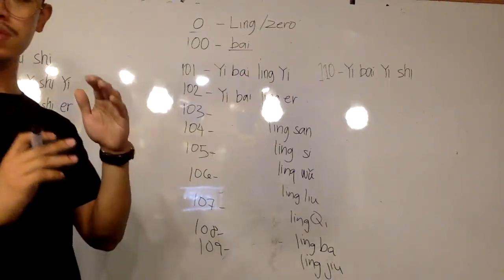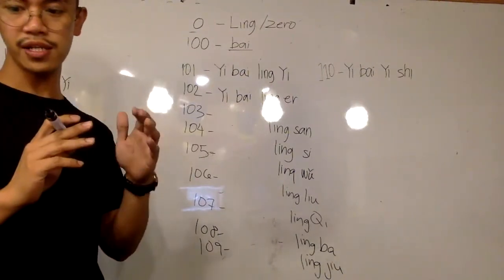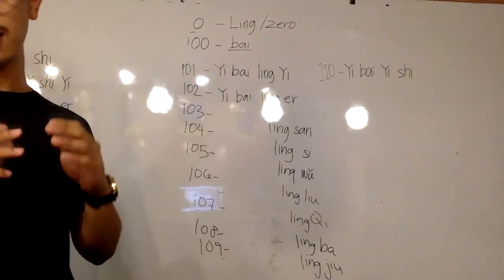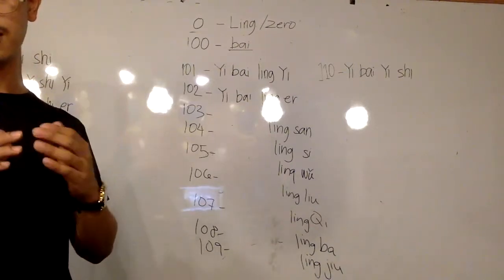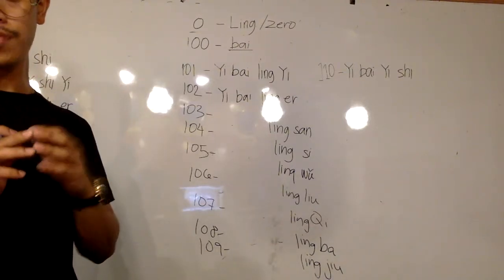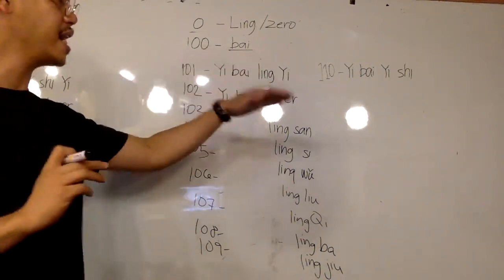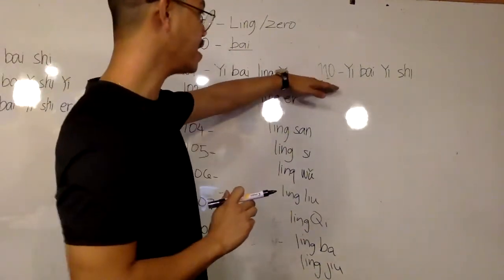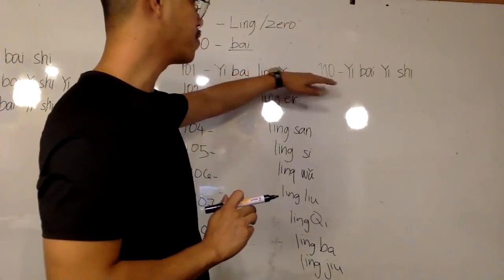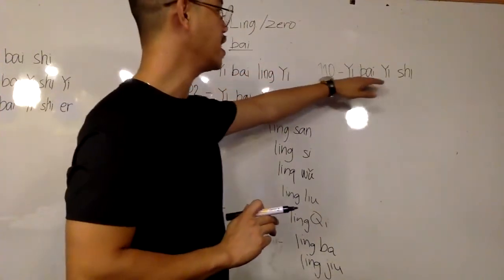So when 10 goes after the 100, we read it as yi bai yi shi. If it goes with another number or syllable after it, we can omit the yi.